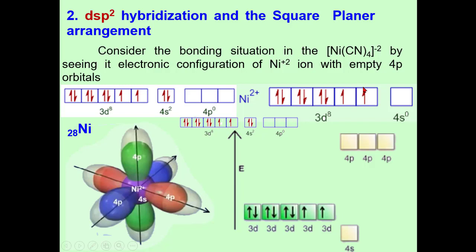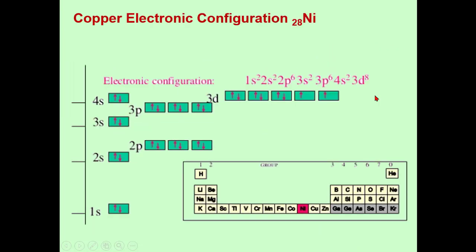So this electron has to be transferred here, and after this the fifth orbital will be vacant. You may see this in the next slide.